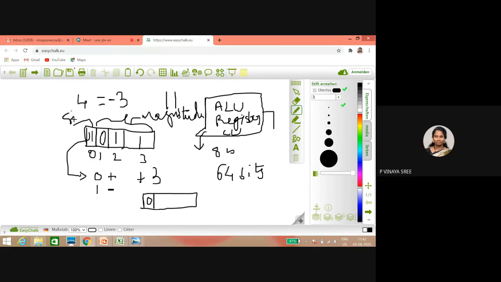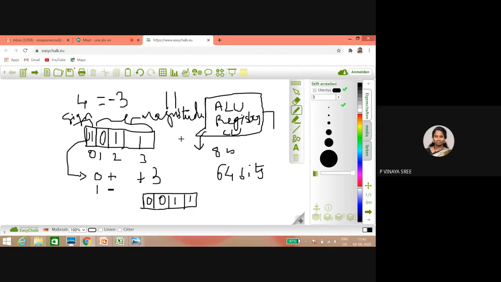If in the sign part it is 1, that indicates it is a negative number, and if it is 0, that indicates it is a positive number. So here I am placing 0, which means it is a positive number, followed by the representation of 3, that is 0 1 1.